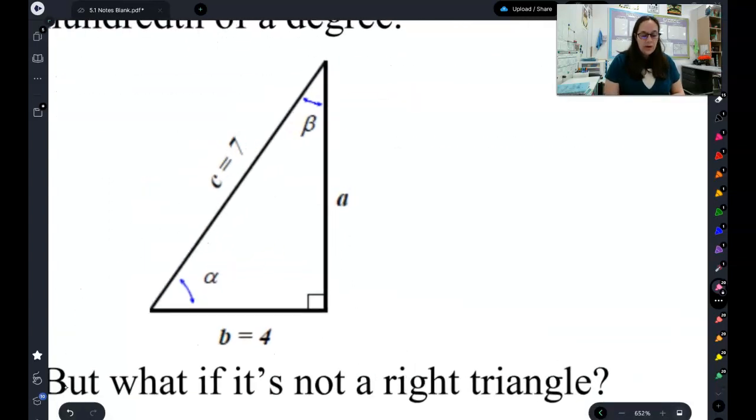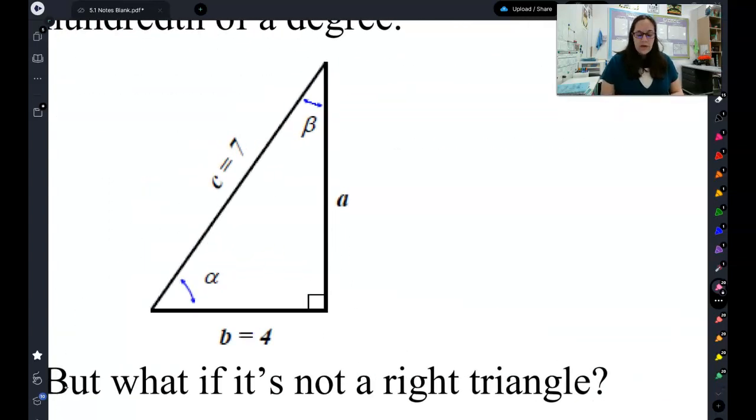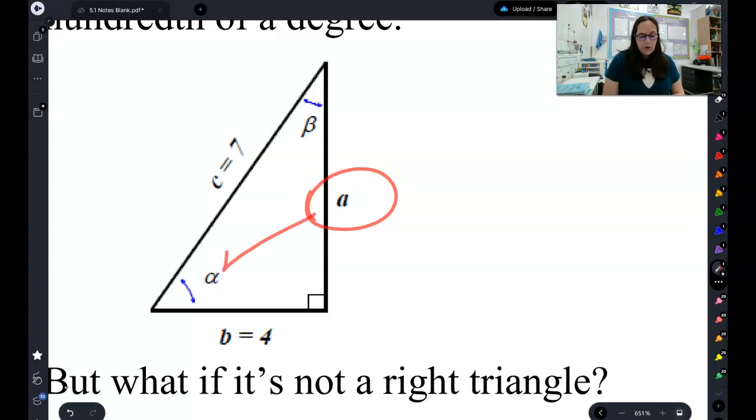So we're going to start right here with a right triangle. Something I want you to notice before we even get started on this is the pairs relationship that we've noted before. That if you have a side that you label A and you go across from that side, you also get angle A. If you get a side that's B and you go across from that side, that's angle B. And if you get a side that's C and go across from that side, that's angle C. Now, these are actually Greek letters.